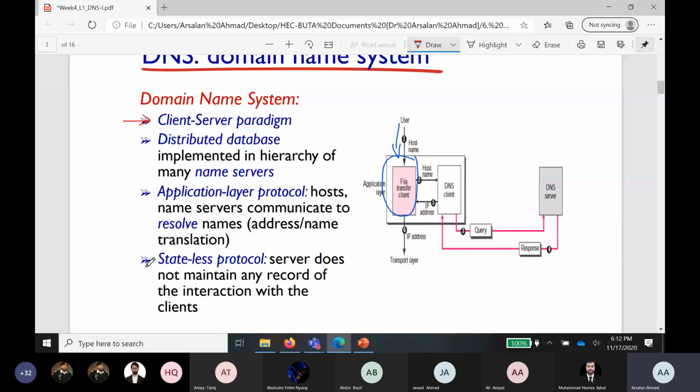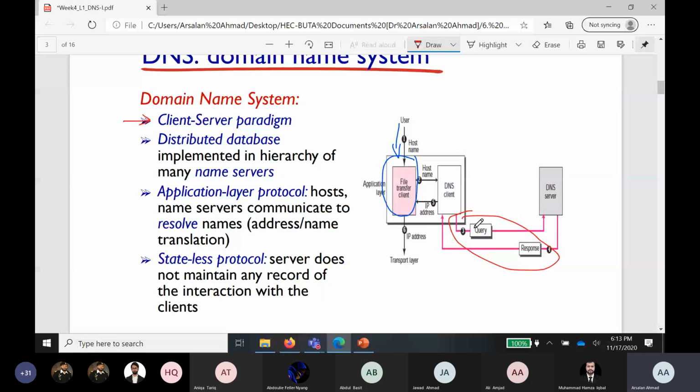To make sure that DNS works fast, because it is very important. It is imperative that DNS should work fast, because if it does not, then the whole user experience of the World Wide Web will be slow, because it's at the back end of everything. So a DNS query and response should take as little time as possible, and for that purpose the protocol is kept stateless.